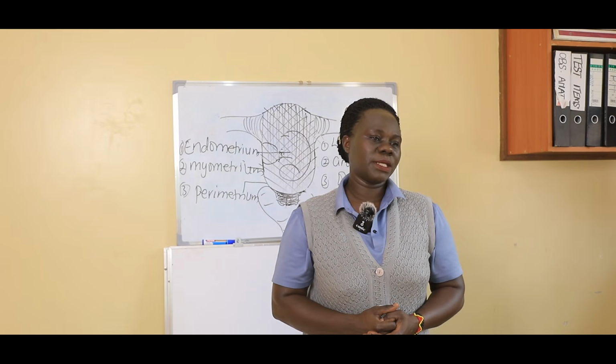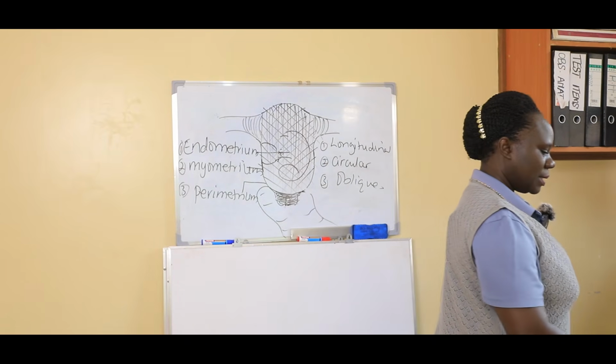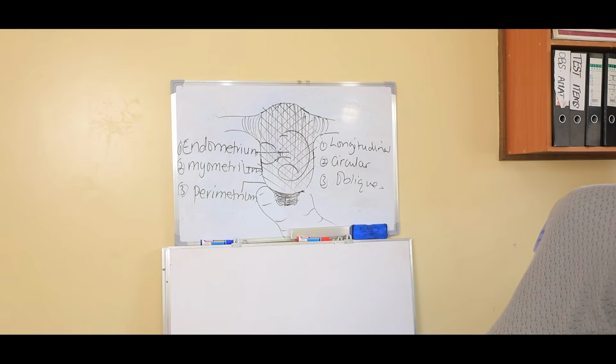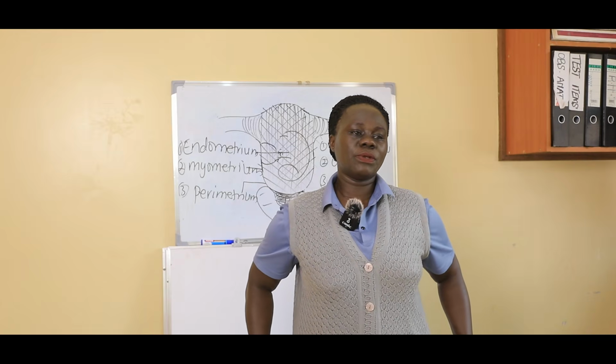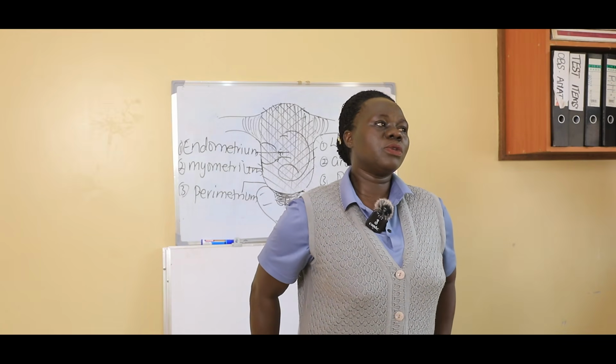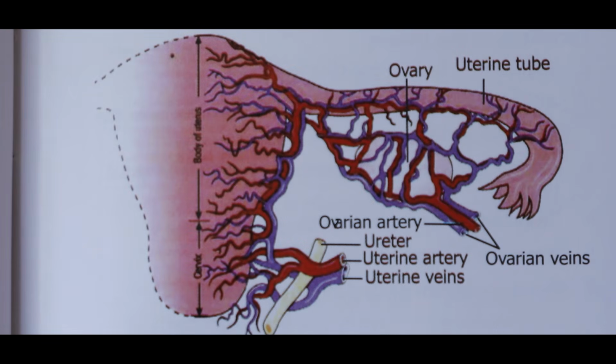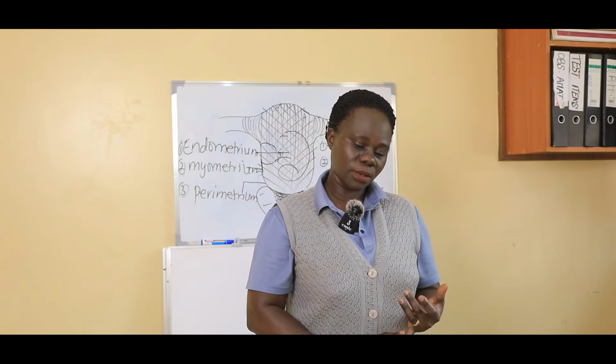The blood supply. The arteries that supply the uterus are known as uterine arteries. People, the uterus has its own arteries. Why? Because remember, it has to shed during menstruation.